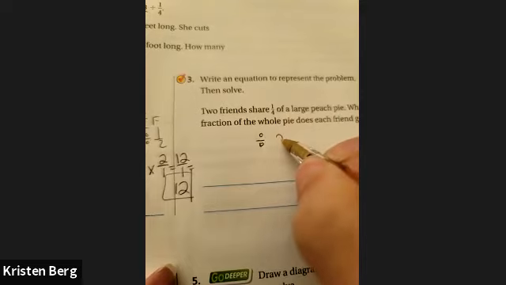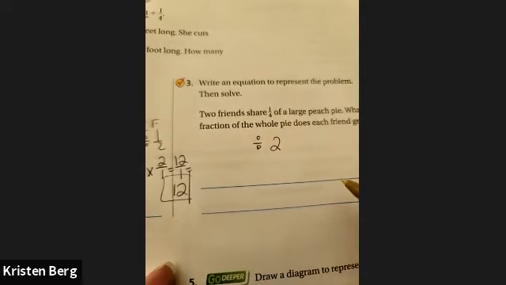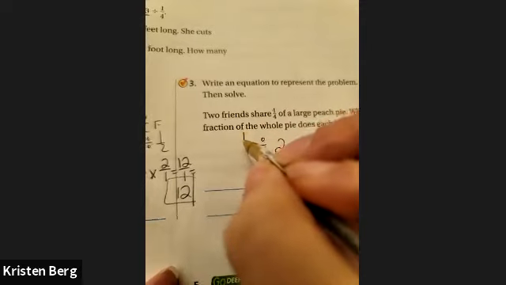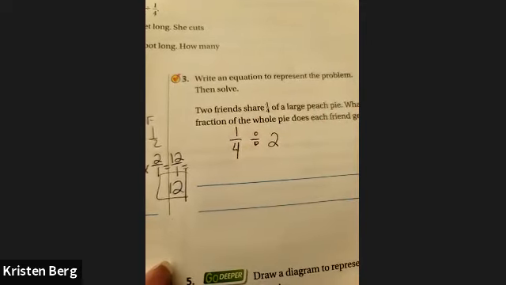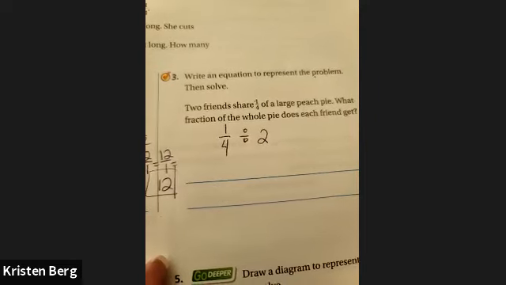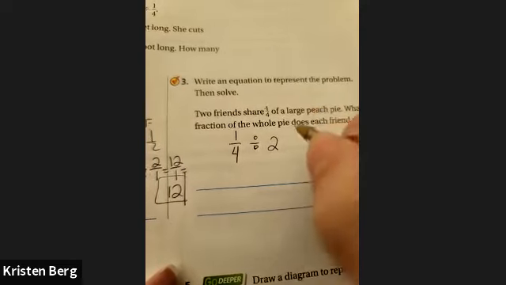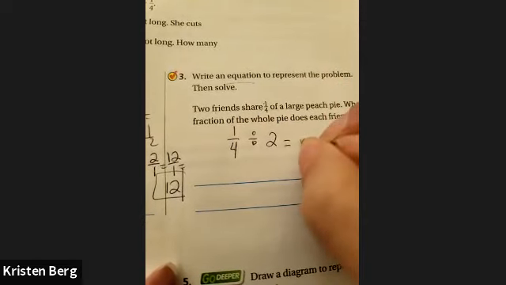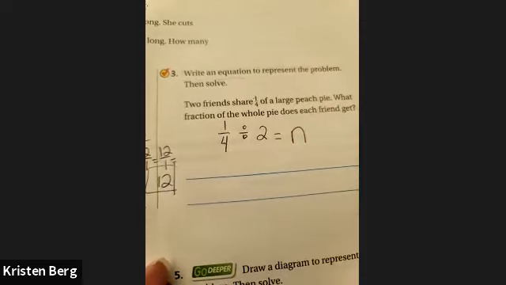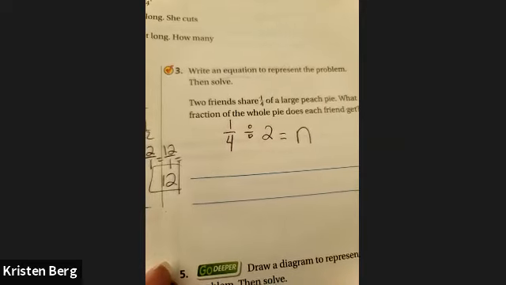Remember, how many people are sharing it is your divisor. So then, and this is your first number because you only have 1/4 of a peach pie left and you're dividing it 2 ways. Well, then an equation says like an equal sign, and we don't know our number yet. So I'm just going to put a variable in, a letter N.